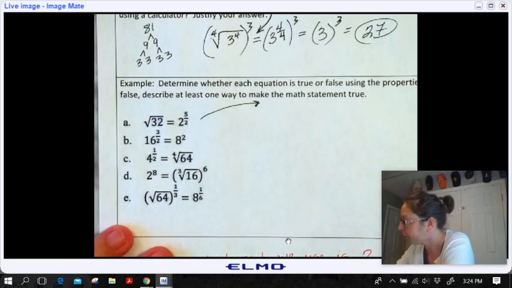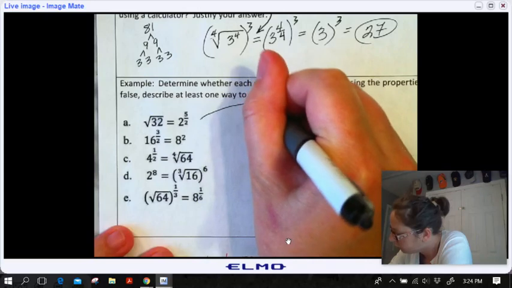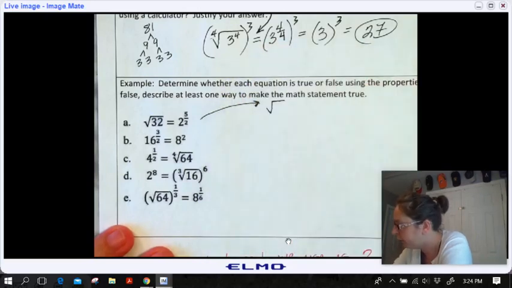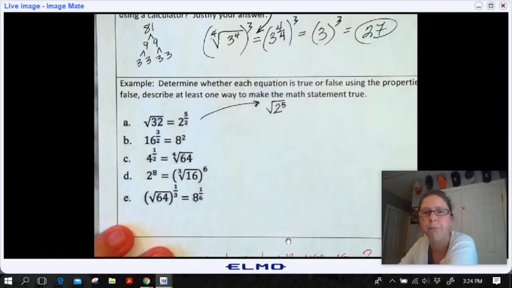There we go. So the bottom drops out. So I'm going to have a square root of 2 to the 5th power. Okay, now let's think about what is 2 to the 5th power equal to.